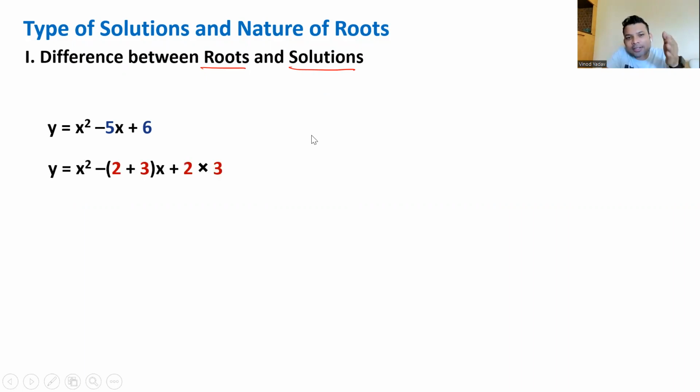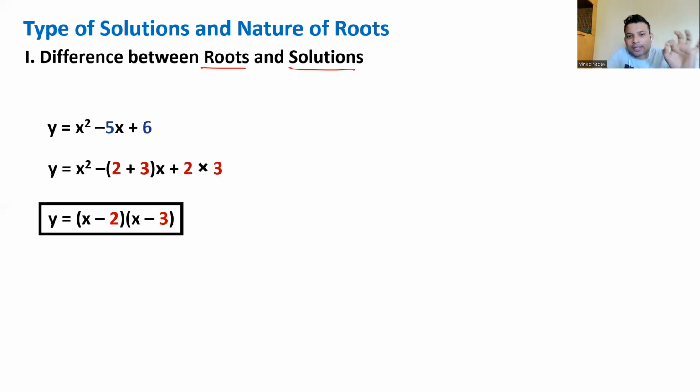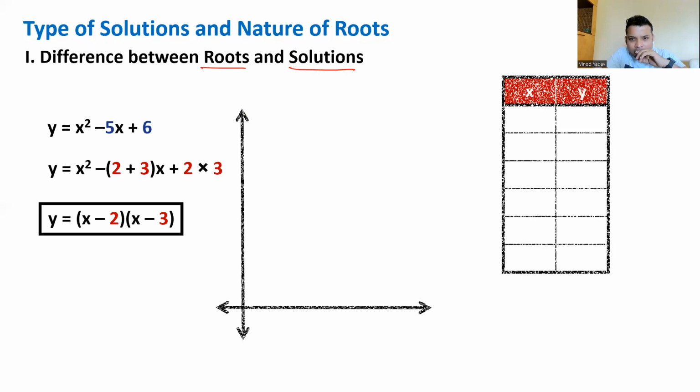So if you factorize this at the end, this is how you get it, right? y is equal to (x minus 2) into (x minus 3). Let me first explore the way we used to plot graphs in schools.